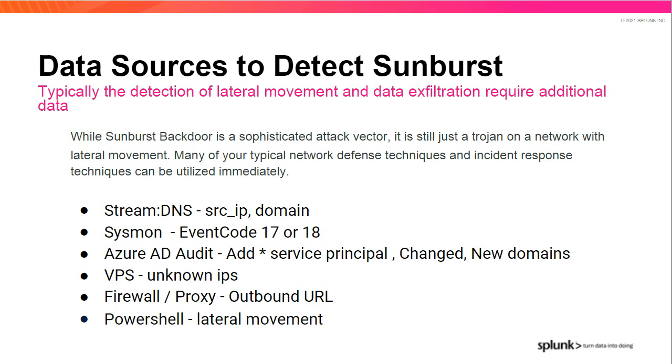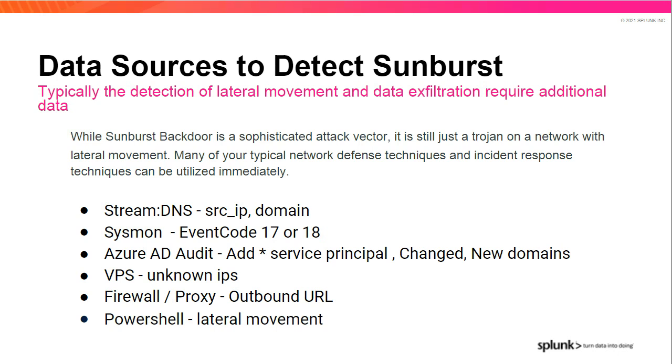So looking inside the Azure AD audit log for new and unusual activity, hosts or accounts that you're unaware of, is an indication that the malware actually moved on and started working. VPS stands for virtual private servers. So if you're using those in your environment, you'll want to look for unknown new computers, new hosts.